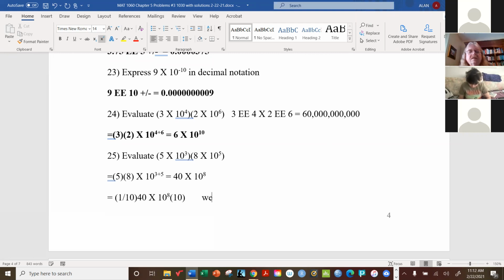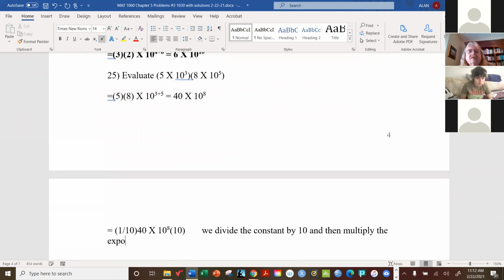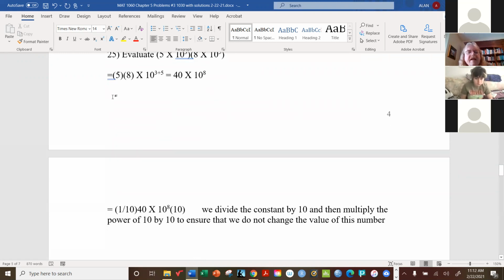So we divide the constant by 10 and then multiply the power of 10 to ensure that we do not change the value of this number.